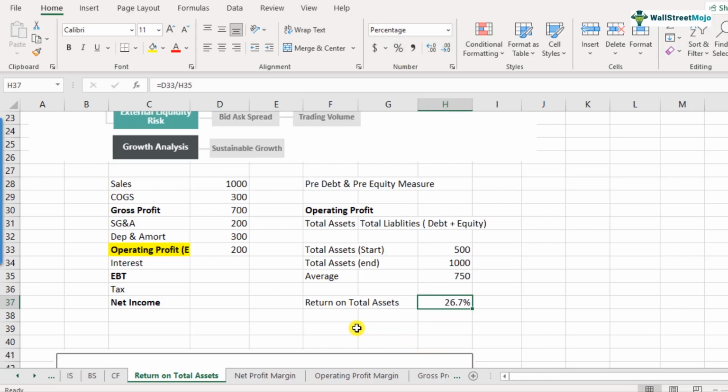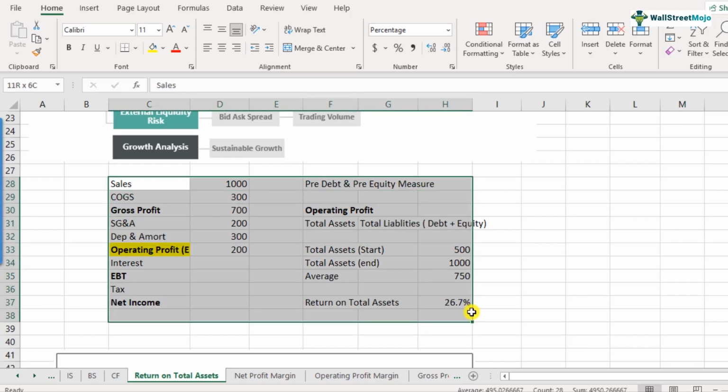6.7%. All right, whether this is good or bad depends on whether you want to compare it with the industry or some other company. Obviously, as we have discussed many times, you cannot compare a software industry with a capital goods industry, right? If this is a capital goods sector company, you have to compare it with the industry peers.